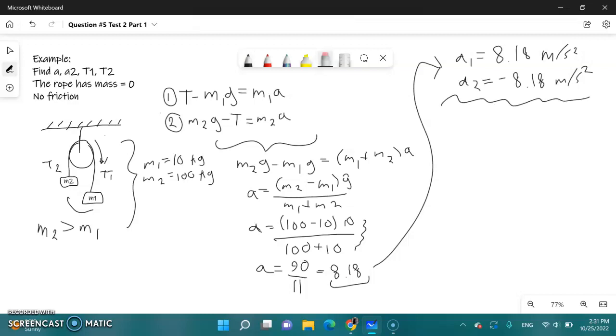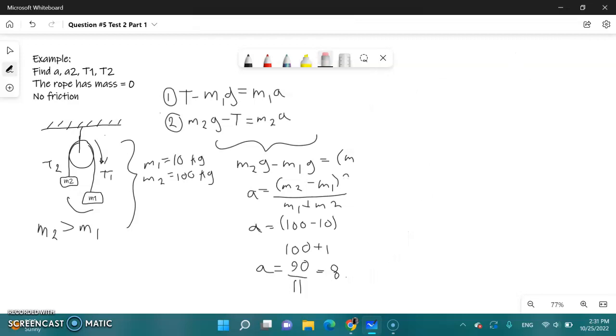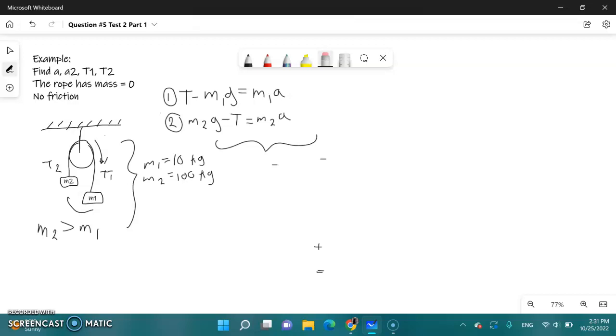So now let's move on to doing the tension forces. Just to keep it in mind, we know that the acceleration for M1 is 8.18, and it's negative 8.18 for M2. So now let's do M1 first. To find the tension that M1 is experiencing, we have to do T1 minus M1G equals M1A.